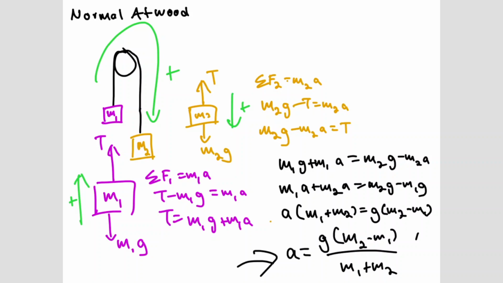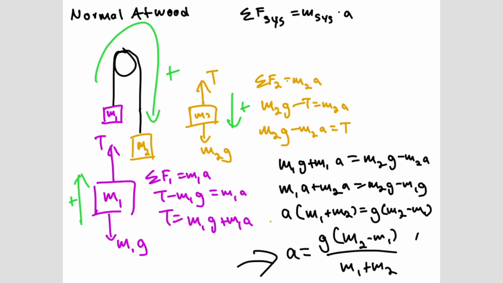There is an alternative way of finding the acceleration where it just looks at the system as a whole, and it's actually quite interesting. So if we look at the system as a whole, then the sum of the forces acting on the system must equal the mass of the system times the acceleration, not equals acceleration. My bad.